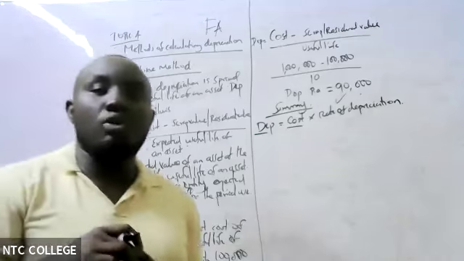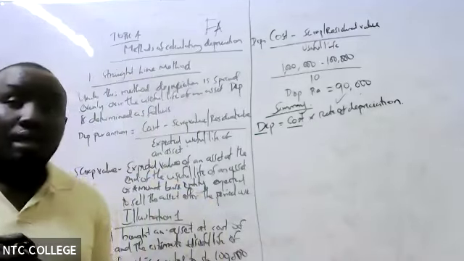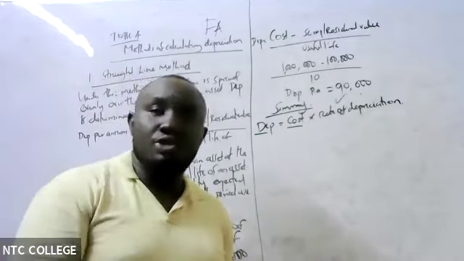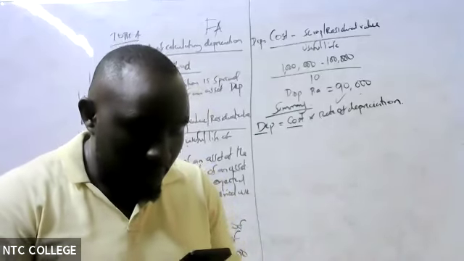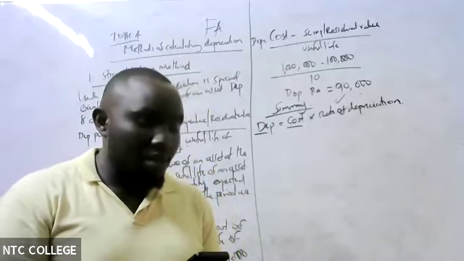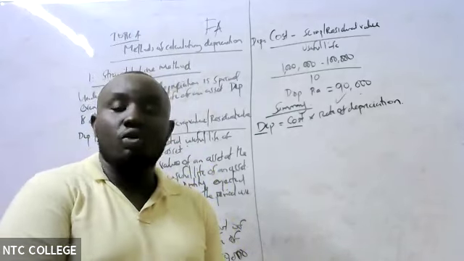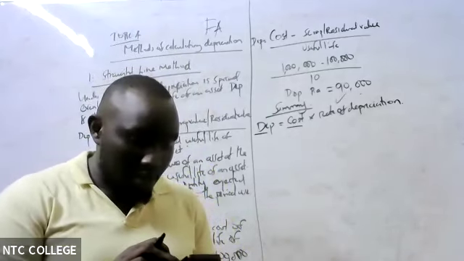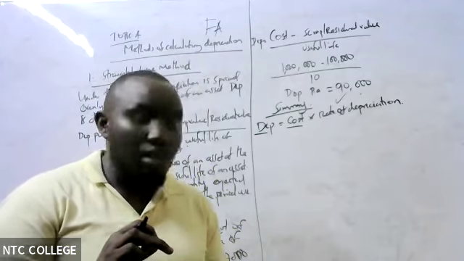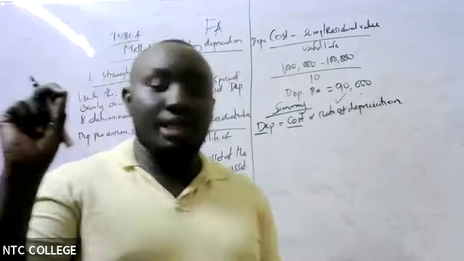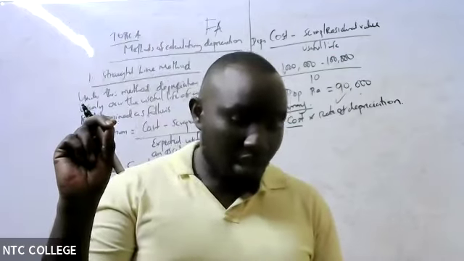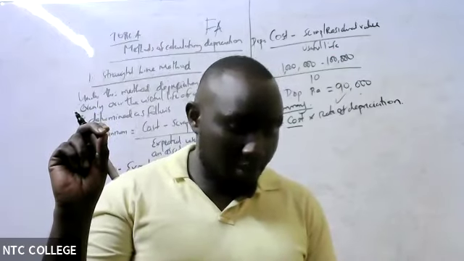An equipment was acquired in 2020, just as an illustration for you to do as an assignment. The equipment was acquired in 2020 at a cost of shillings 5 million.